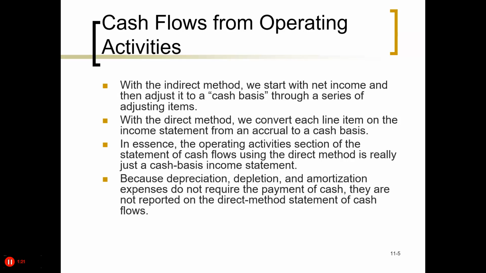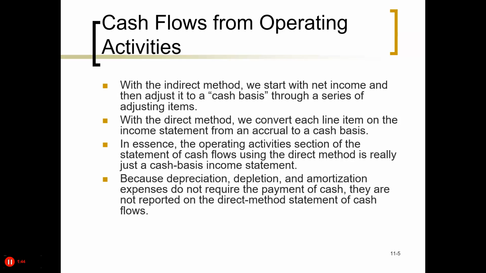Because of this, and remember this, you ignore depreciation, depletion, and amortization expenses because these are not cash items. They're just allocations of items we previously spent the money on, and now we're just allocating it based on the matching principle.